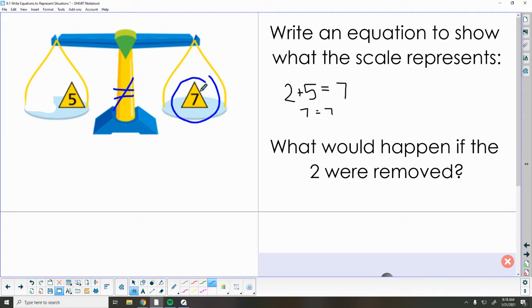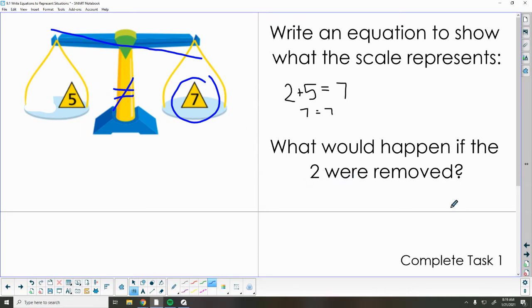The 7 is heavier, so the 7 is actually going to tip down more than the 5. The 5 will go up because it weighs less. The 7 will go down. So if the 2 were taken away, we would no longer have a balanced equation. So our equation would not be true if we took something away.